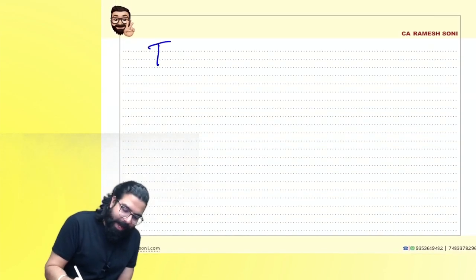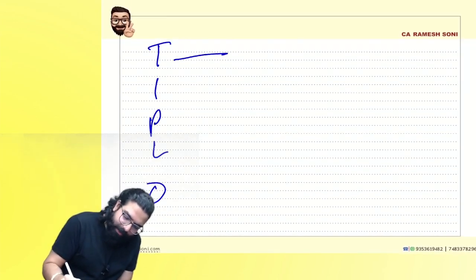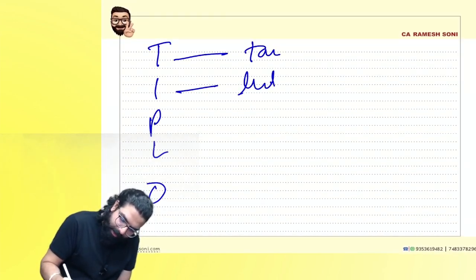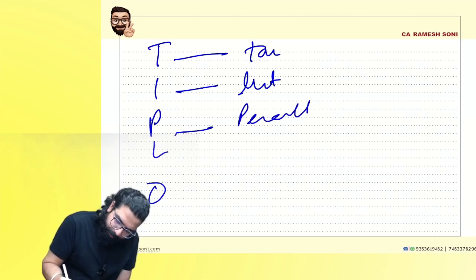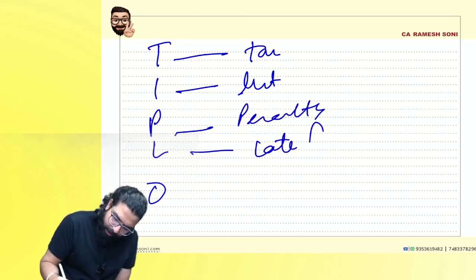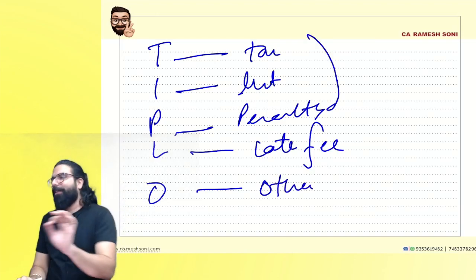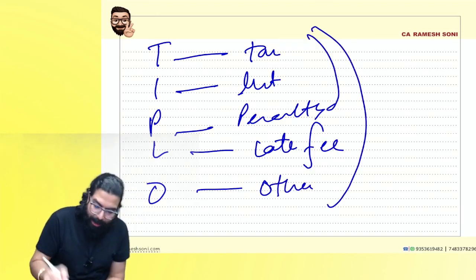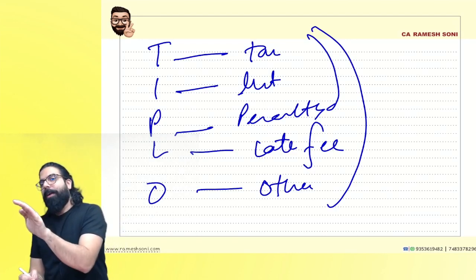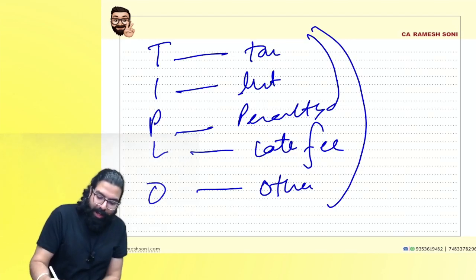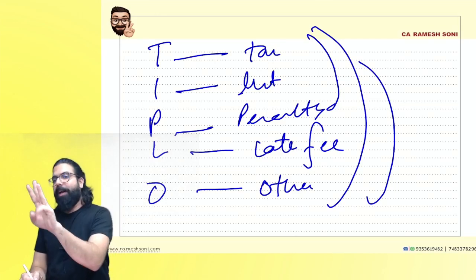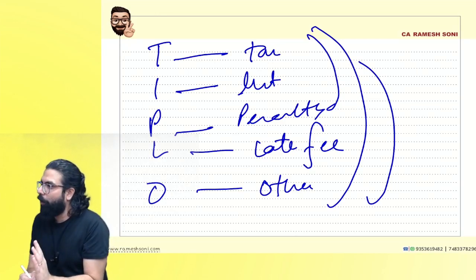Remember TIPLO: tax, interest, penalty, late fee, or any other amount. Wherever you see TIP, it is tax, interest, penalty. Wherever you see TIPLO, it is tax, interest, penalty, late fee, or any other amount. Wherever you see IPLO, it is interest, penalty, late fee, or any other amount. Can I go ahead, everyone?